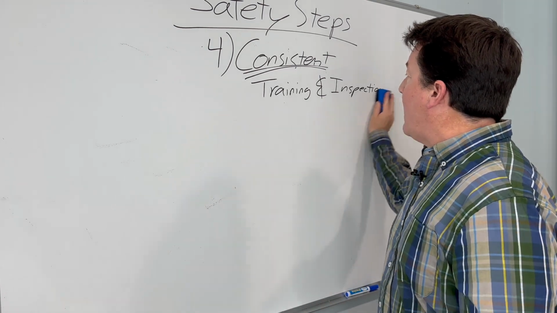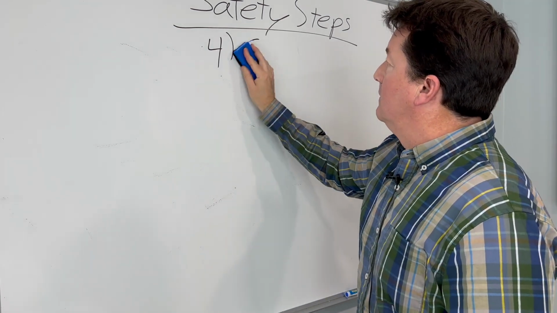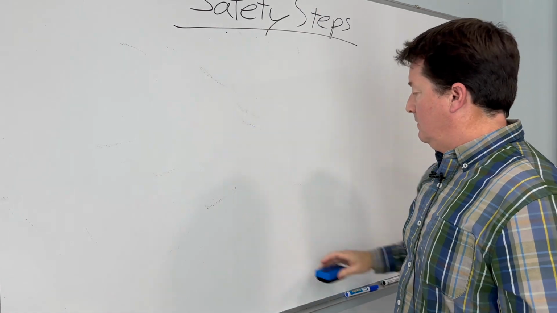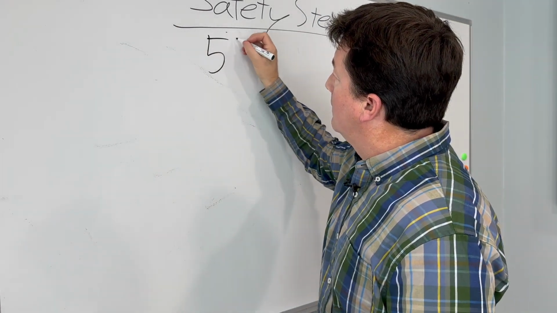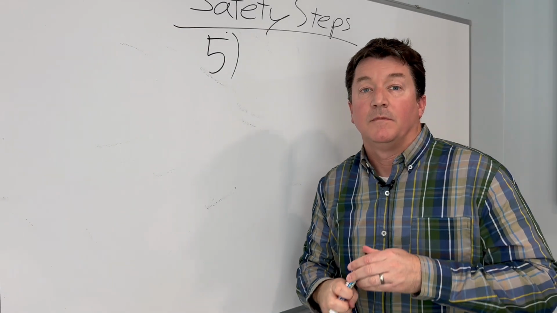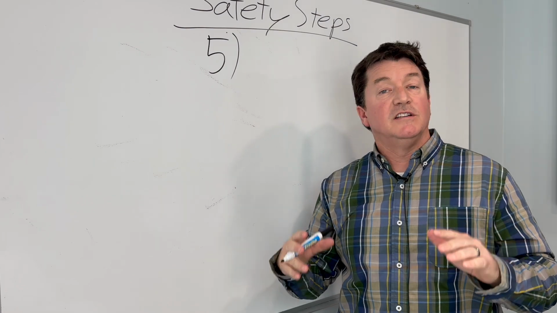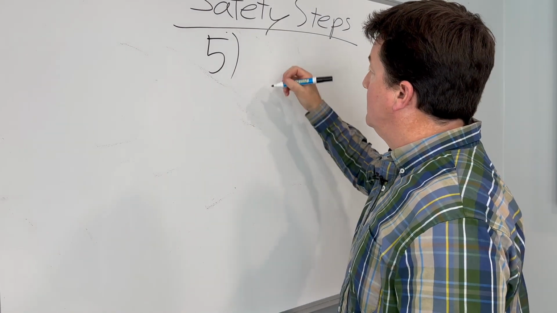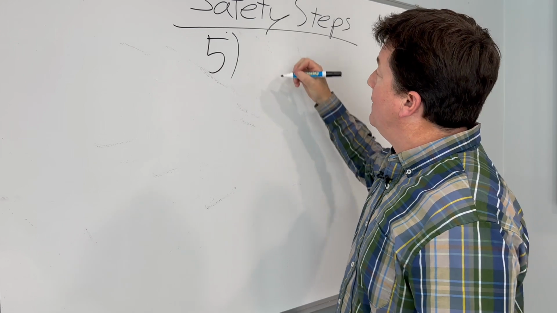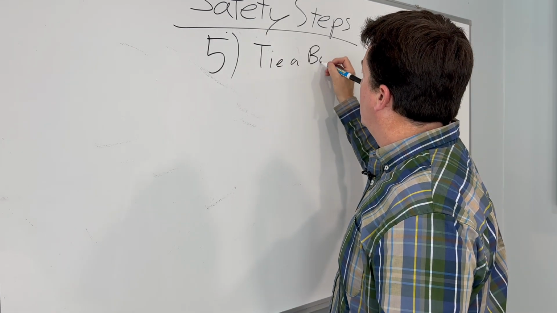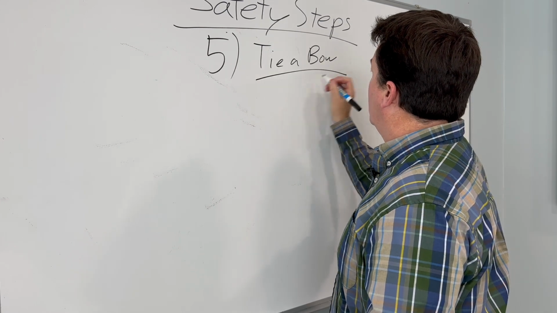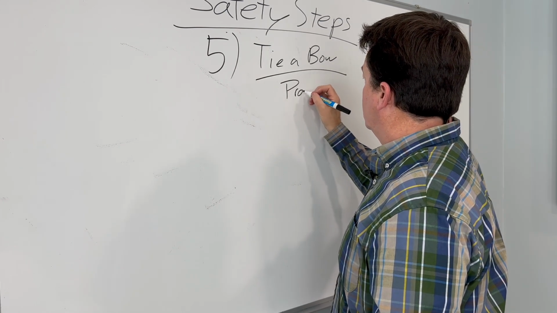Step number 5. Step number 5 is when you tie a bow. If I could draw a bow, I would. But you tie a bow on the programs.